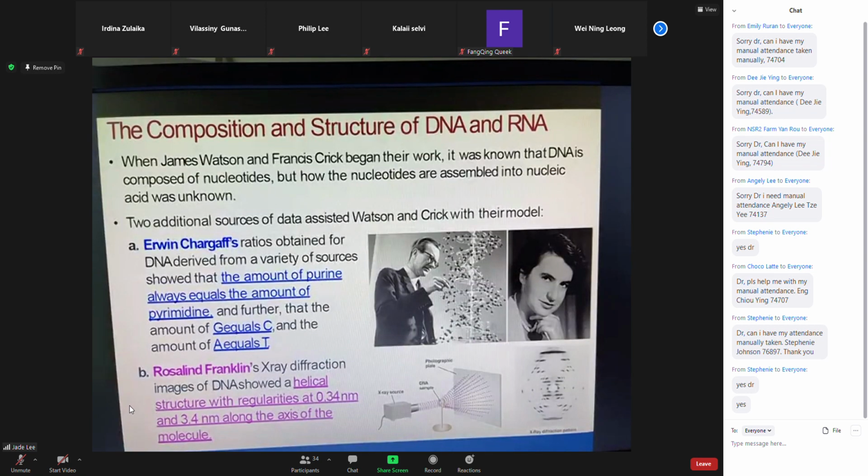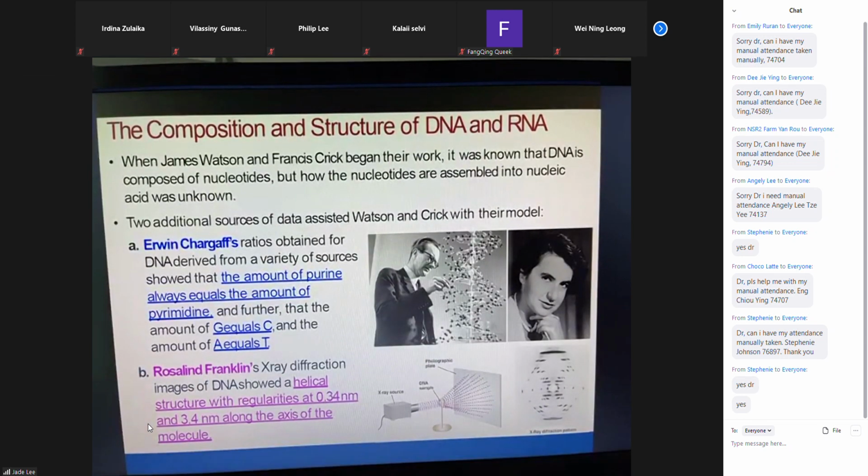But too bad, she died earlier. That's why the credit was taken by Watson and Crick, and some people claim that Watson and Crick stole the information from Rosalind Franklin to come up with the double helix model.